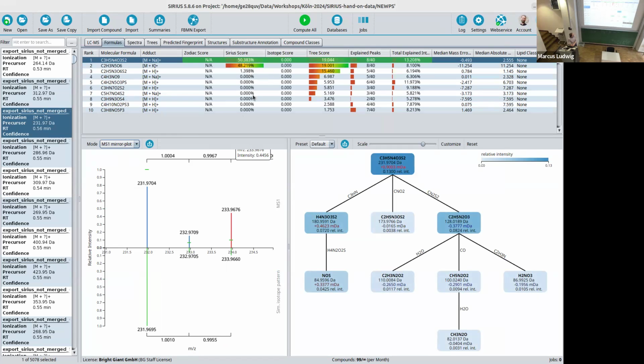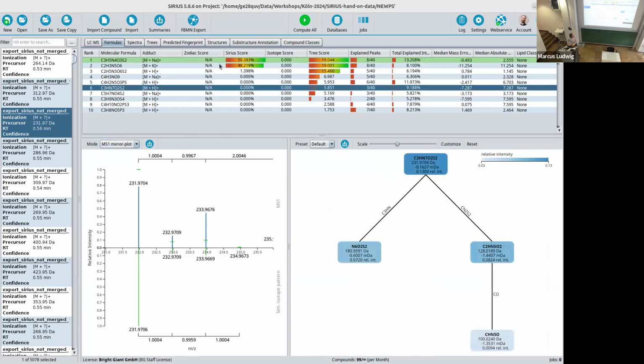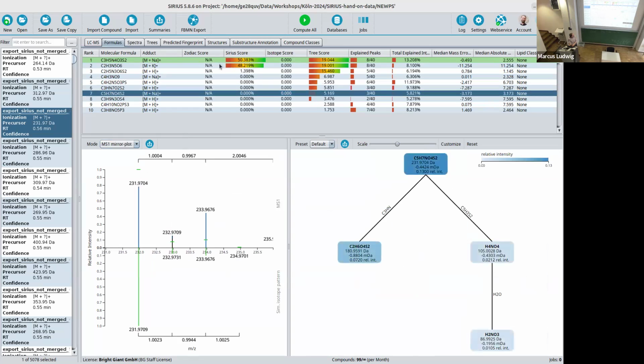So the MS1 information is this one. You have your isotope score, which says how the simulated isotope pattern matches the measured one. And it seems that all of them are very off. You see here that the simulated isotope pattern on the top doesn't match really well with the measured ones for all of the compounds.